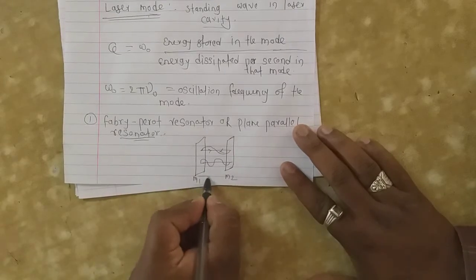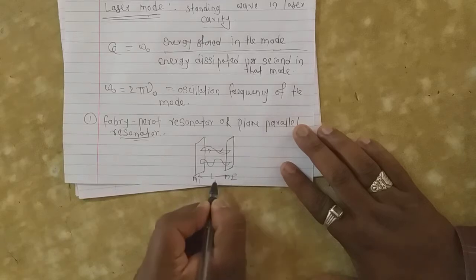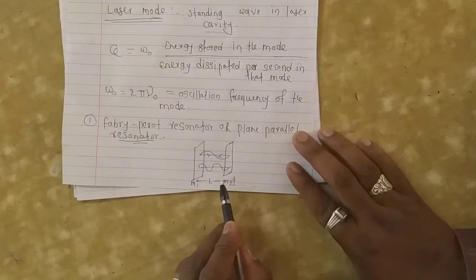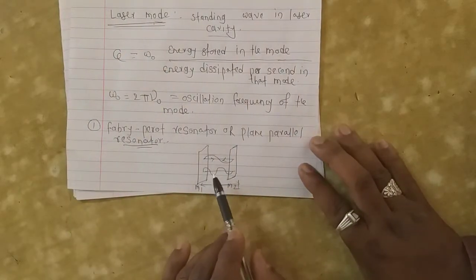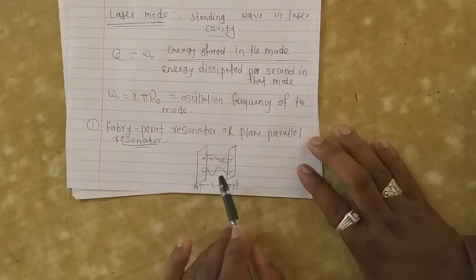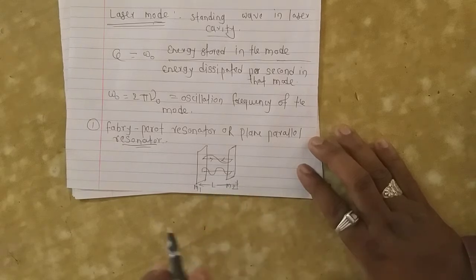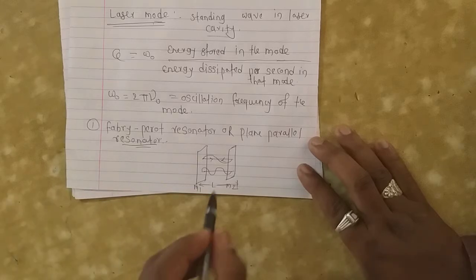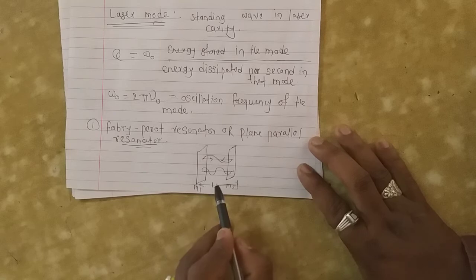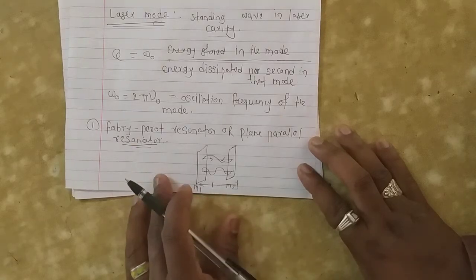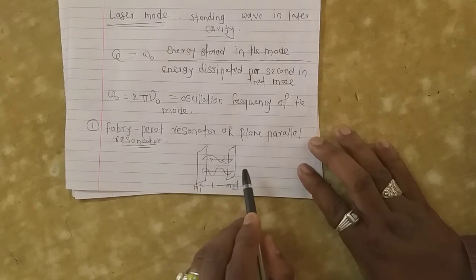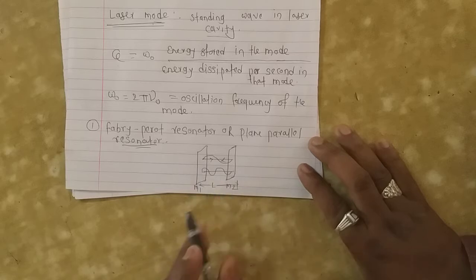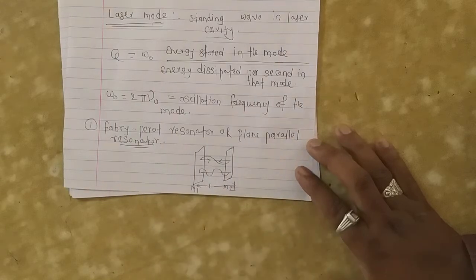The distance between the two mirrors is L. The modes of such a resonator, modes meaning possible standing waves in that resonant cavity, can be considered as a superposition of two plane electromagnetic waves traveling in opposite directions along the axis of the cavity, as shown in the figure.